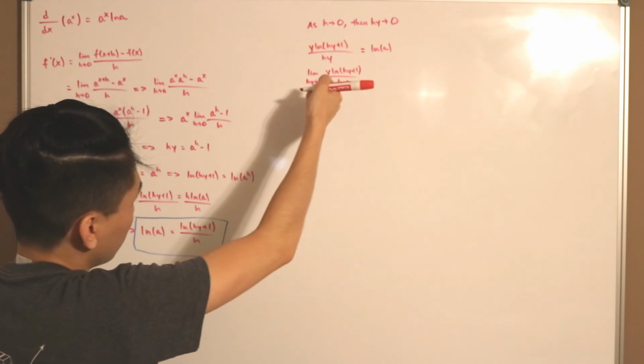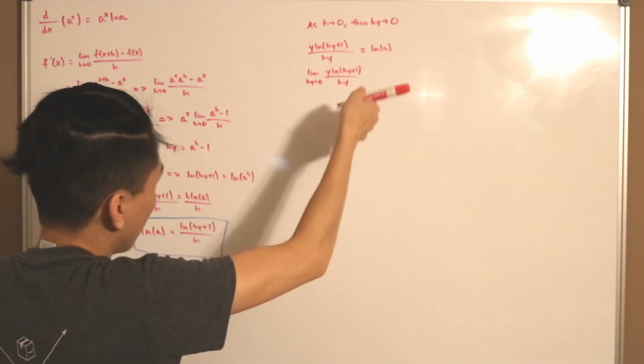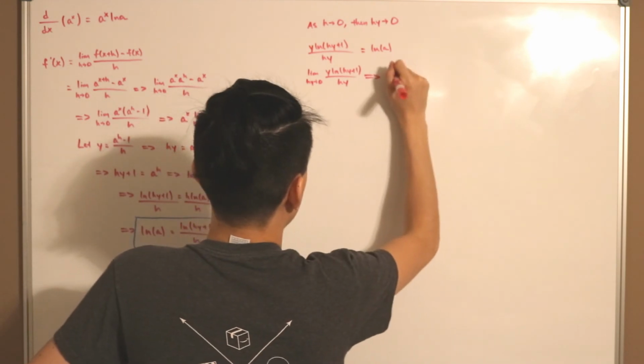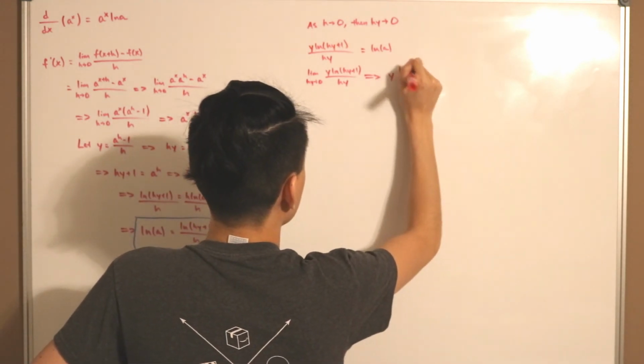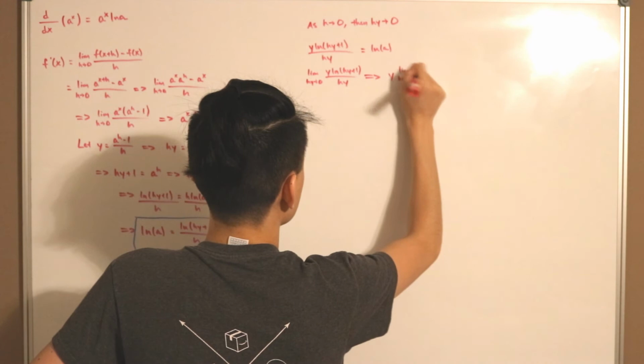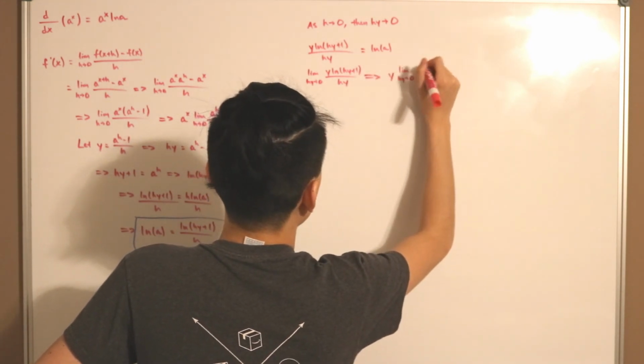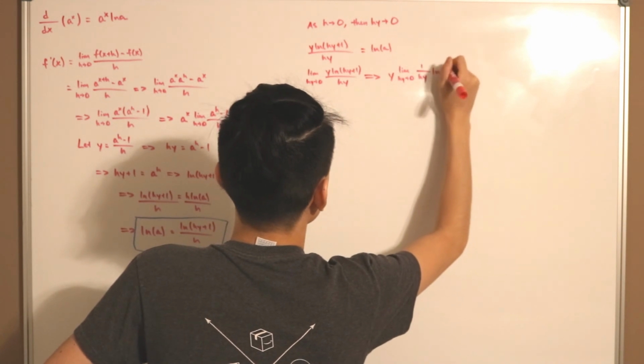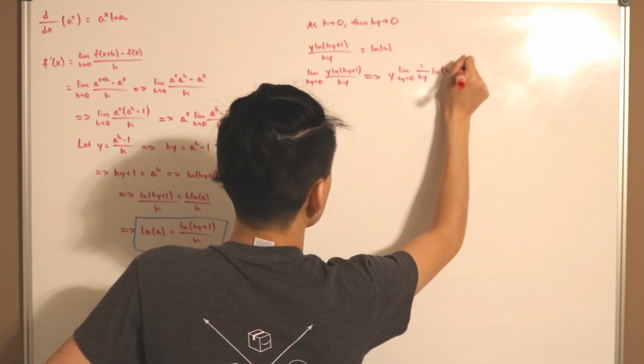And y doesn't depend on hy, so we can move the y to the outside: y times the limit as hy approaches 0 of 1 over hy times ln of hy plus 1.